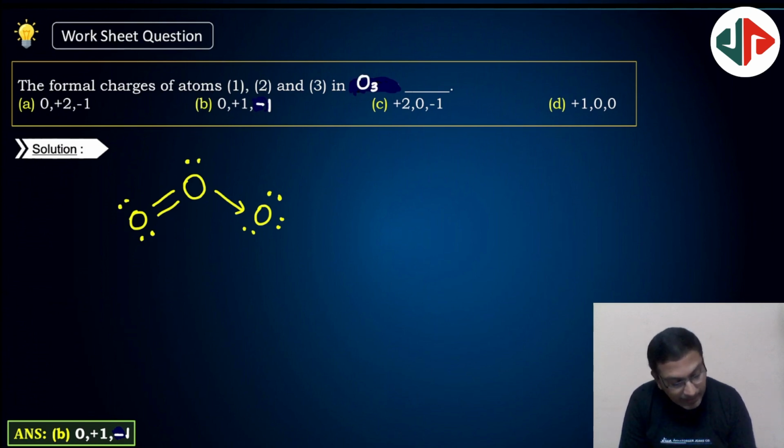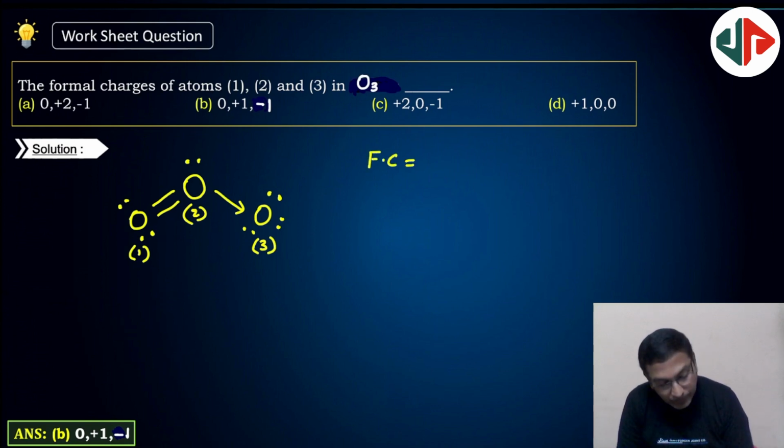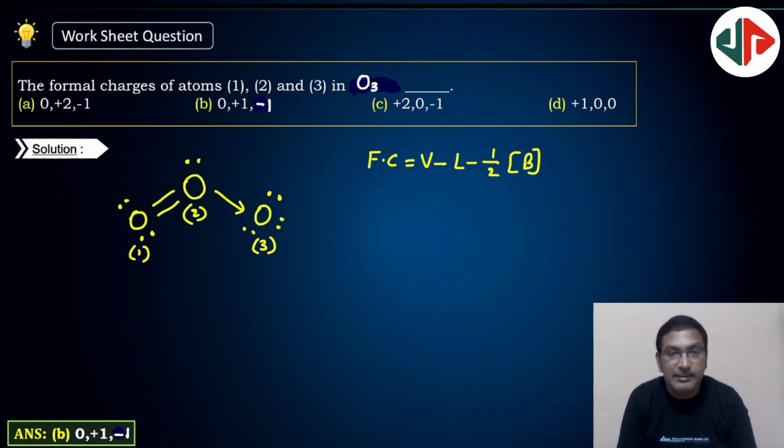So this is atom 1, this is atom 2 and atom 3. Three types of oxygens. Formal charge formula: number of valence electrons in the free atom minus number of lone pair electrons minus half into number of bonding or shared electrons.